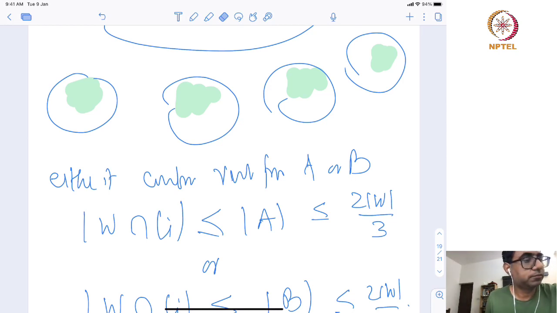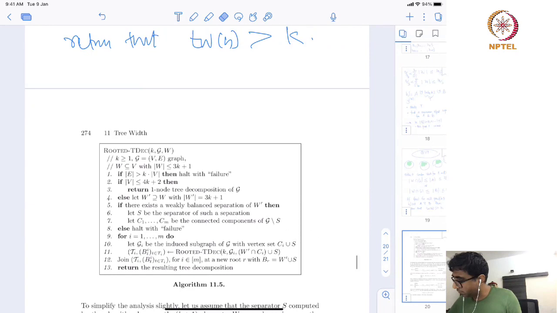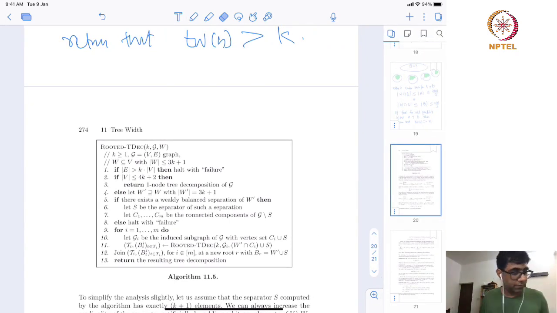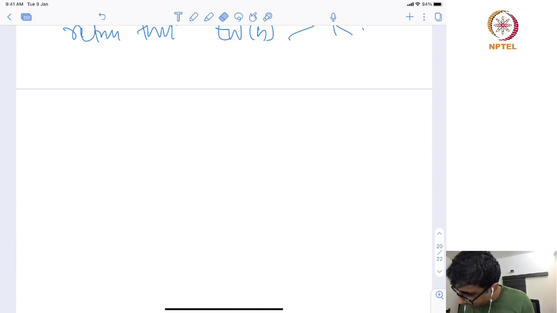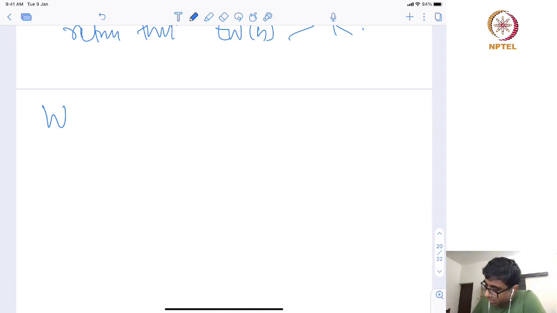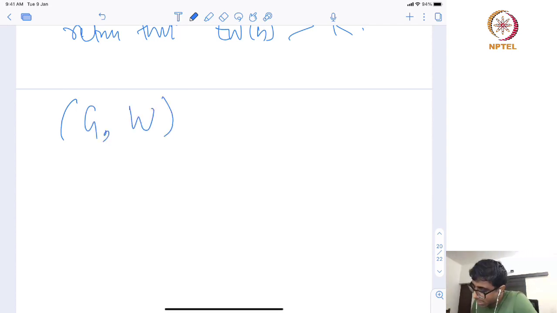So for the algorithm, inductively we are going to have W. Remember, at any point of time in our algorithm we had a graph G and a W, and now the cardinality of W that we are going to fix is, let's see.